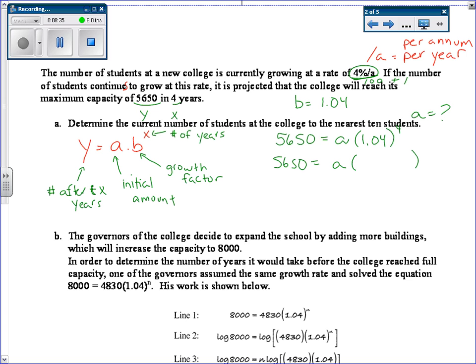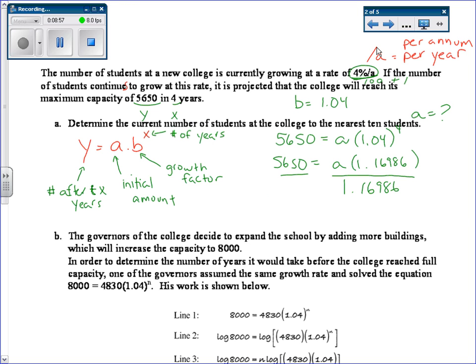1.04 to the power of 4 is 1.16986, let's say, rounding a little bit. So we want to solve for a, so we're just going to divide both sides by that. Now you could have also just divided both sides by 1.04 to the power of 4.